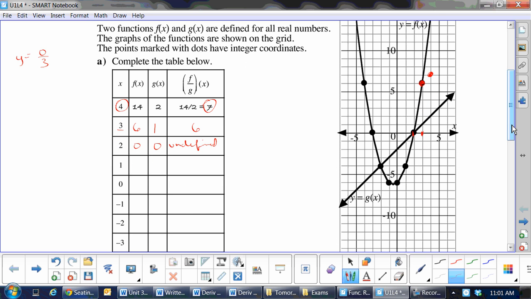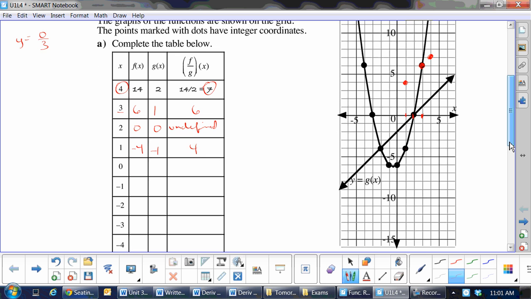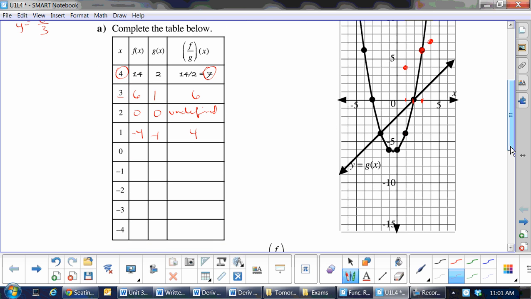Well, you skip that point and you go to x equals 1. When x equals 1, that is negative 4 down here, right? Negative 4 divided by negative 1, and you get the answer 4. So it's negative 1, 4. Okay, let's do one more.